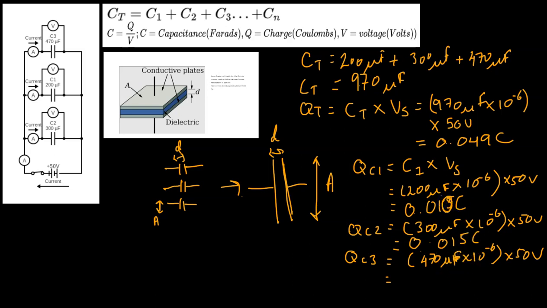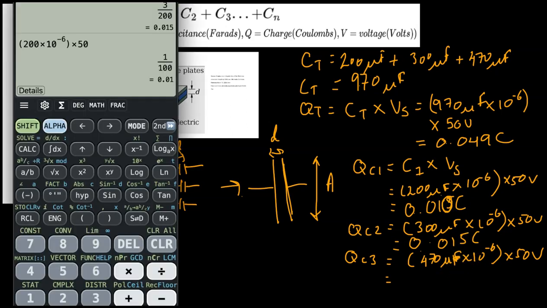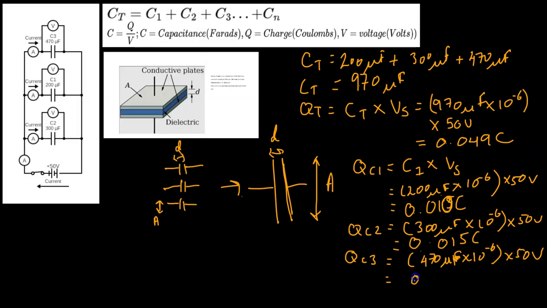This is still correct. And then the final one, 470. We're going to have 0.024, just 2 decimal places. Charge.